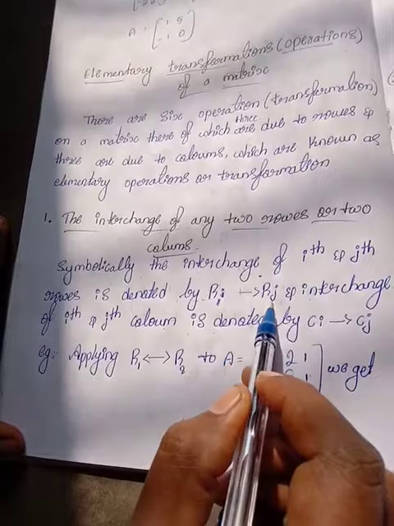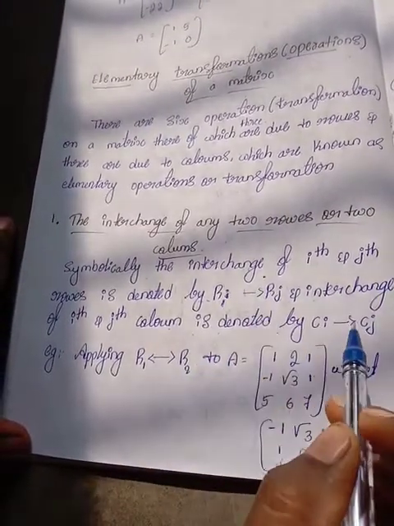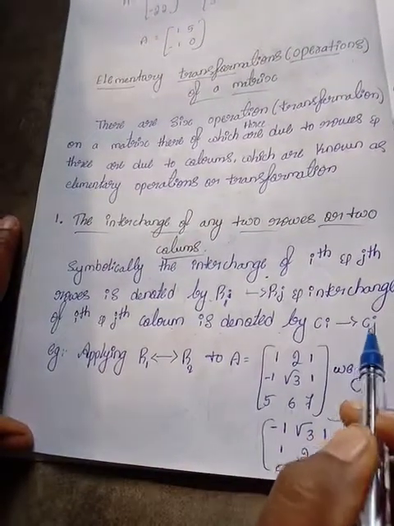Here Ri Rj denote the ith and jth rows, and Ci Cj denote the ith column and jth column.